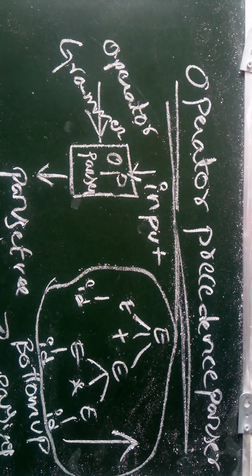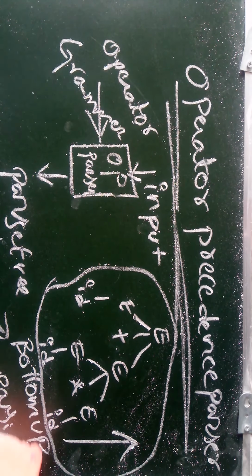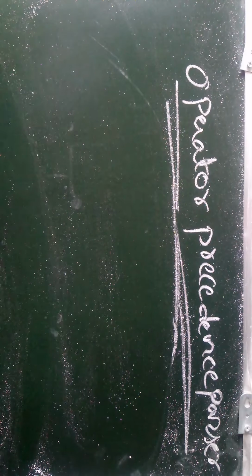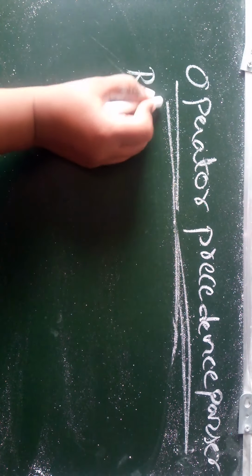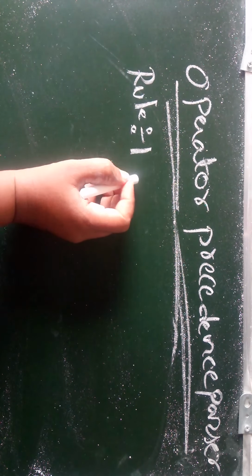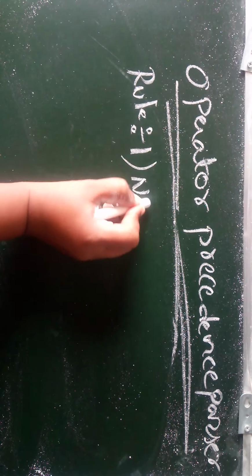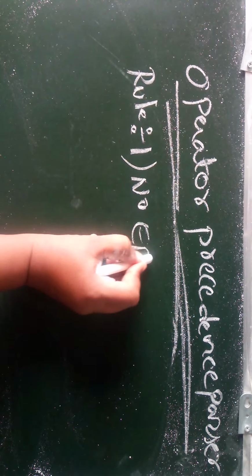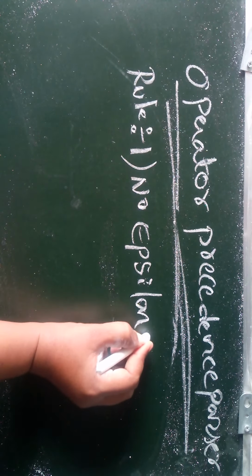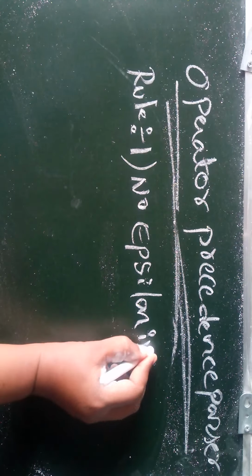For this, you have two rules. Rule 1, no epsilon in the right side.